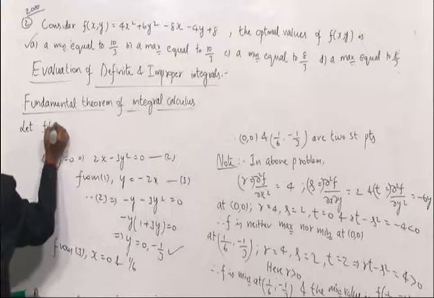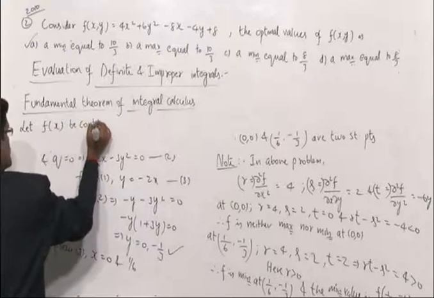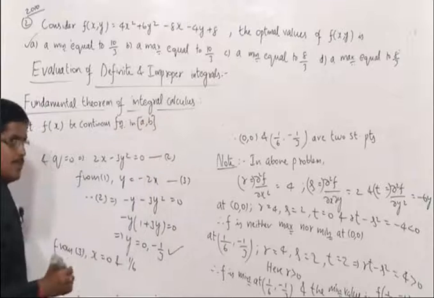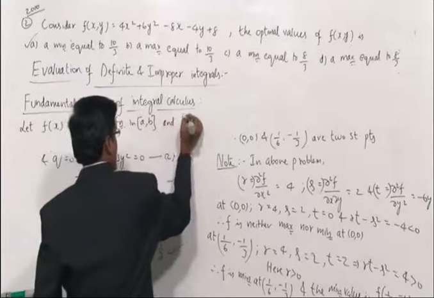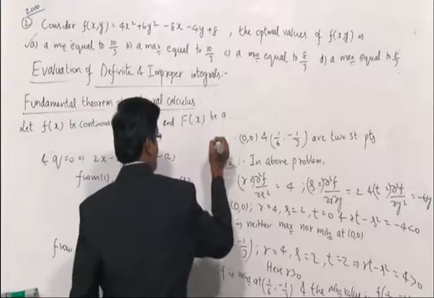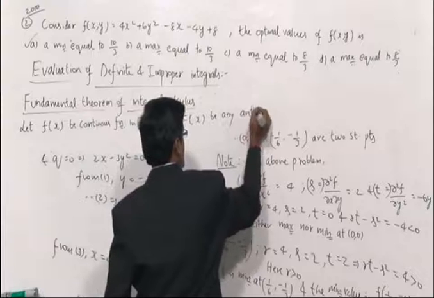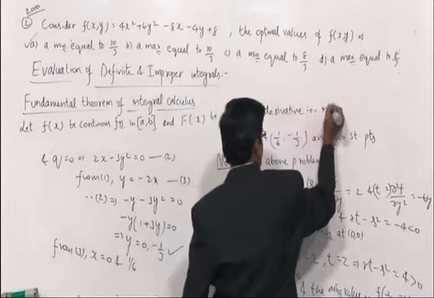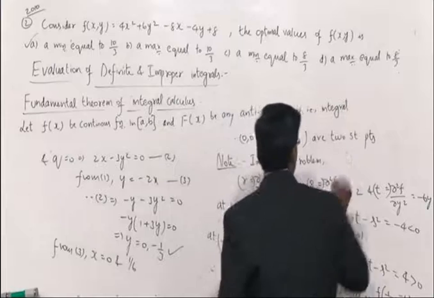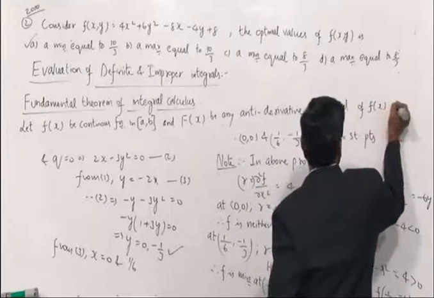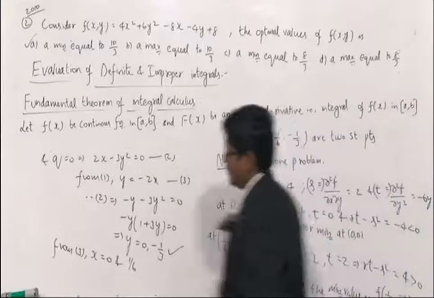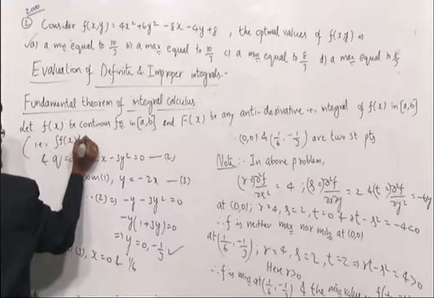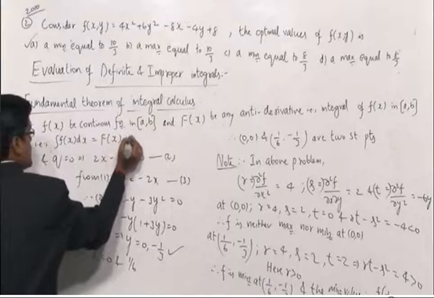Let f of x be a continuous function in the closed interval a comma b, and capital F of x be any antiderivative, that is, in brackets, integral f of x dx equal to capital F of x plus c.